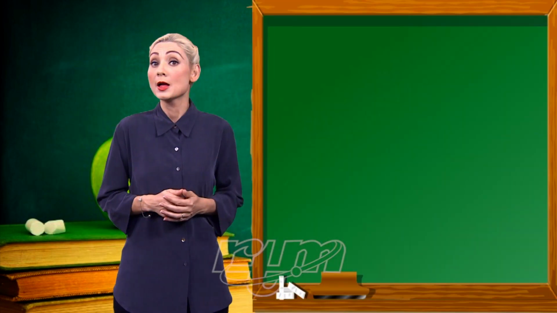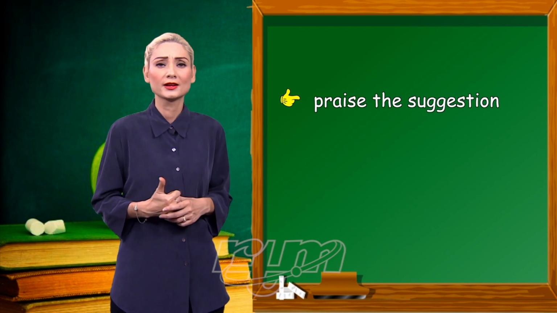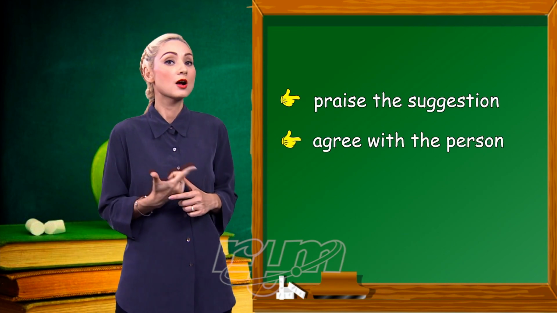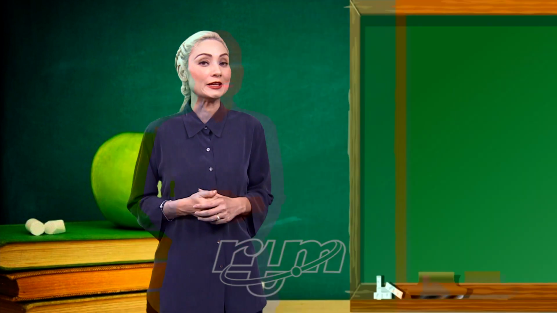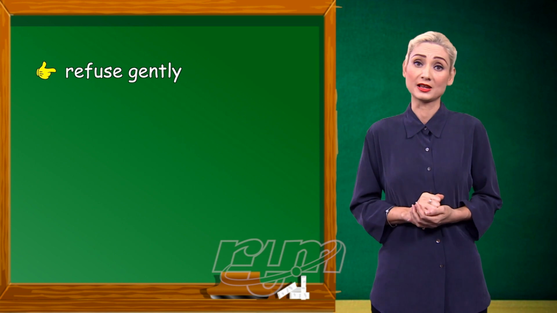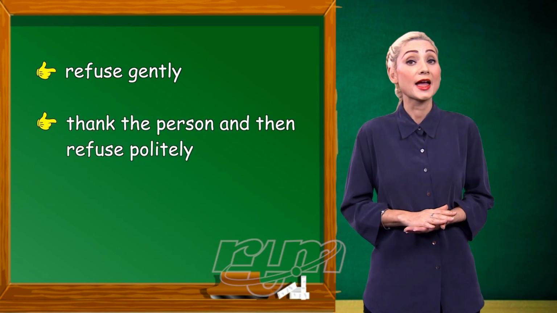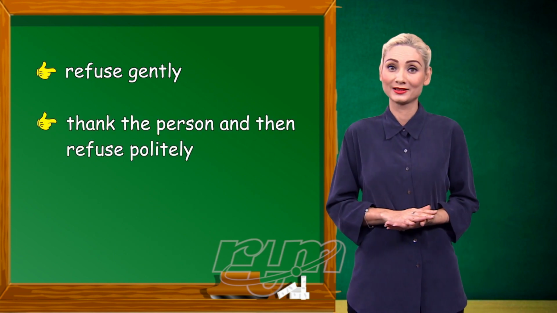When we accept suggestions, we can either praise the suggestion, agree with the person, or reply with a question. Finally, we should refuse a suggestion politely in order to avoid hurting other people's feelings. Refuse gently. Thank the person and then refuse politely. Asking for more suggestions.